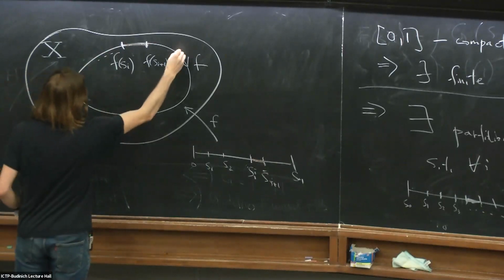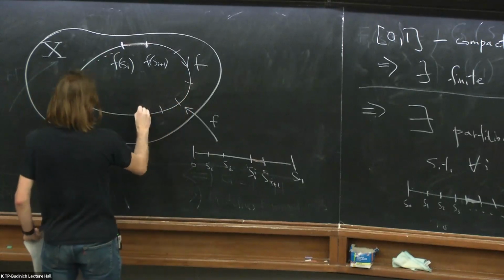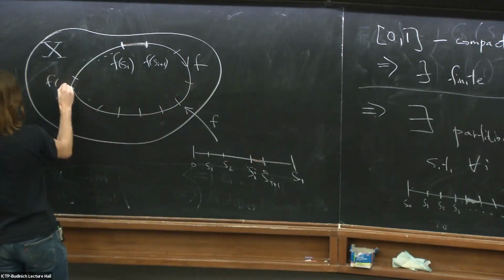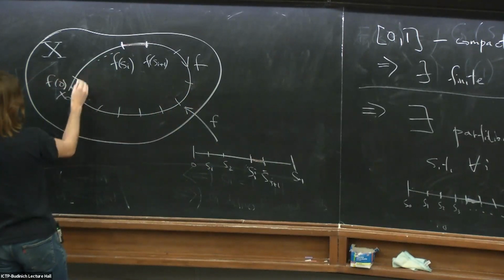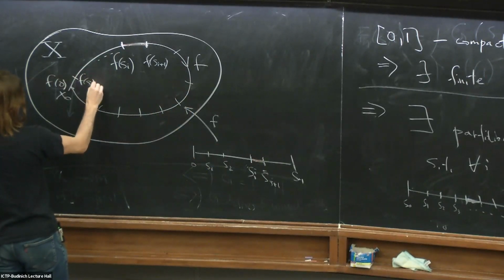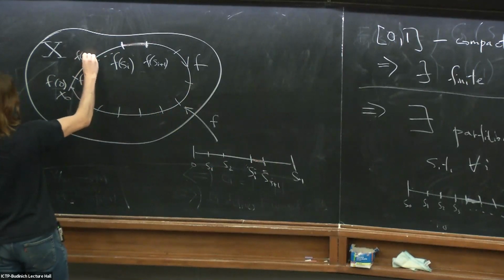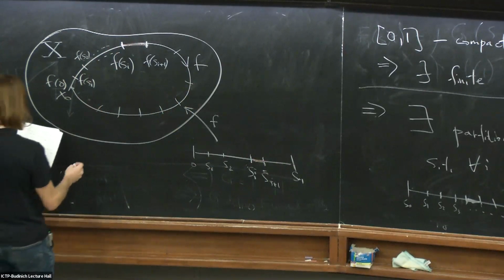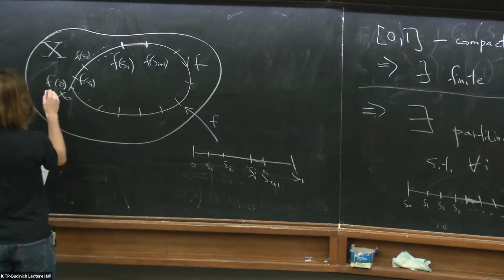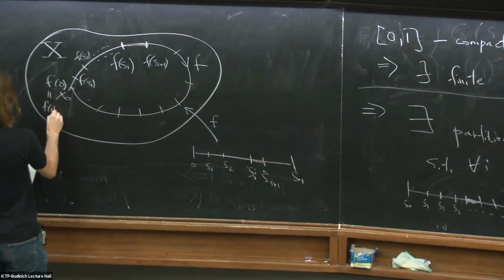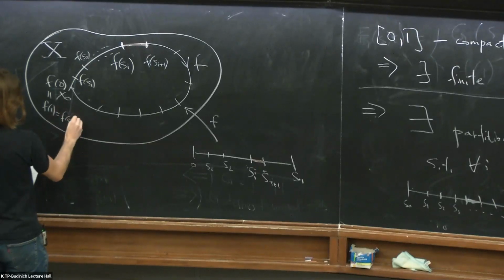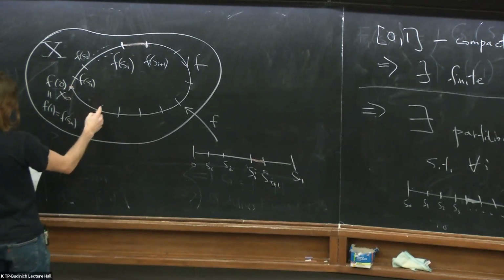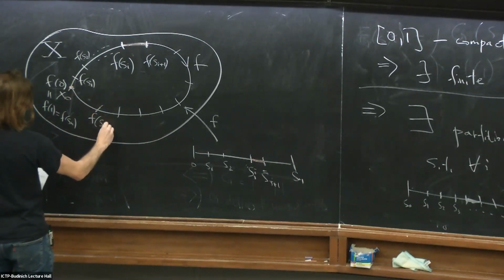In principle, the whole thing is divided respectively to this division. So this is f of 0, this is f of S1, then you have f of S2, and so on, till f of 1, the same as f of Sn. Here you have the penultimate point, f of Sn minus 1.